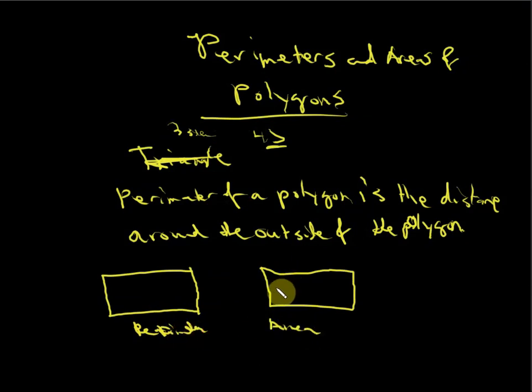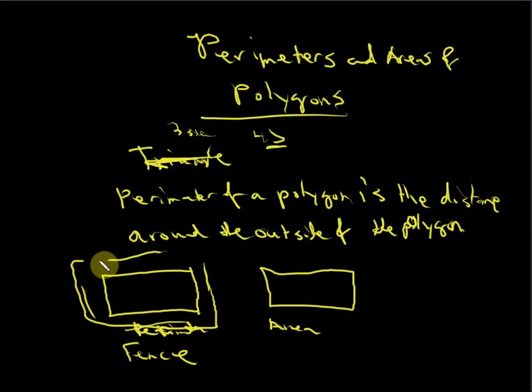When we talk about perimeter, we're only looking at the outside. Just think of it in terms of a fence. That's all you're measuring, how far along a boundary you are measuring.